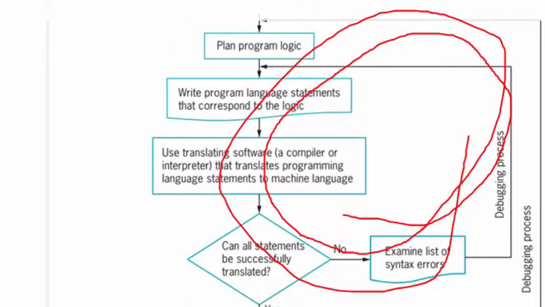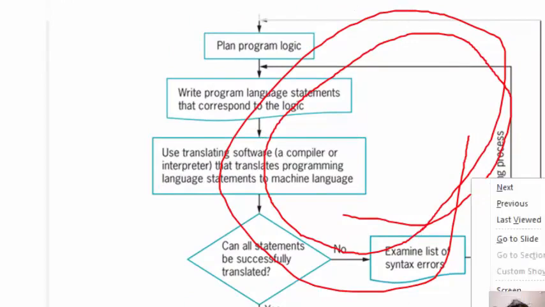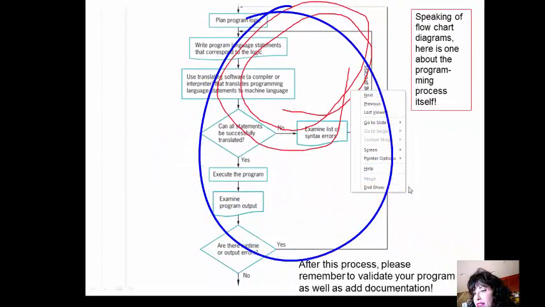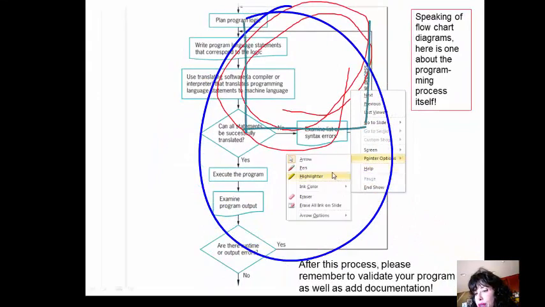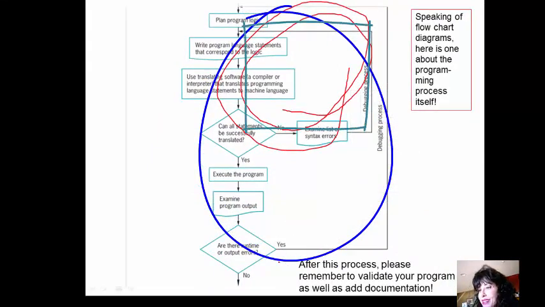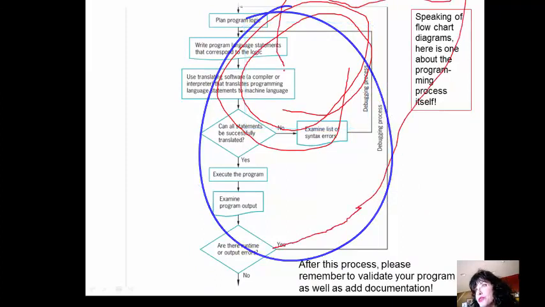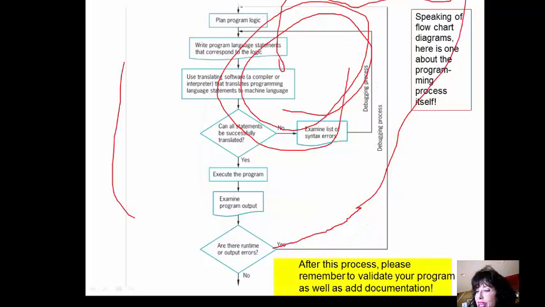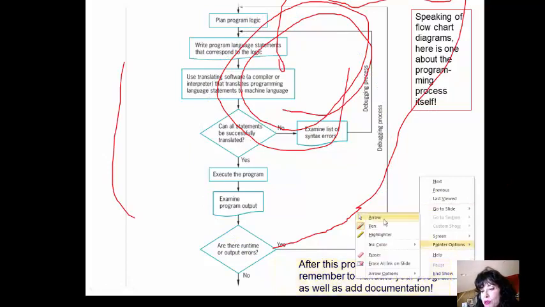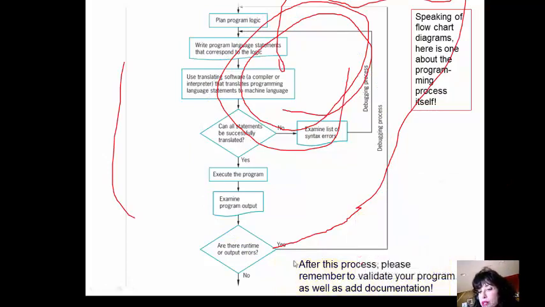So another loop that you may be coming up with is the second part of the programming and troubleshooting debug: this loop right here, the big one, the outer loop. So you're going to do the outer loop and the inner loop as many times as it takes until you're done. And then afterwards, please remember to validate your program, even though there's no box down here, as well as add your documentation.